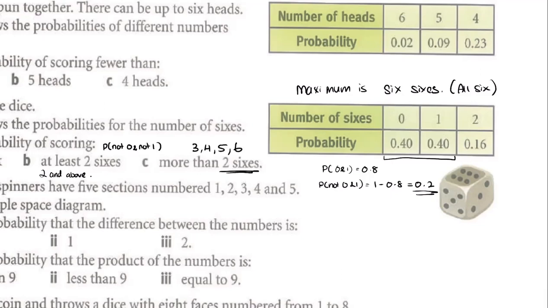So we just need to take probability of not 0, 1, or 2. So question C, I just need to take 1 minus probability of 0, 1, 2. 1 minus 0.4 plus 0.4 plus 0.16.